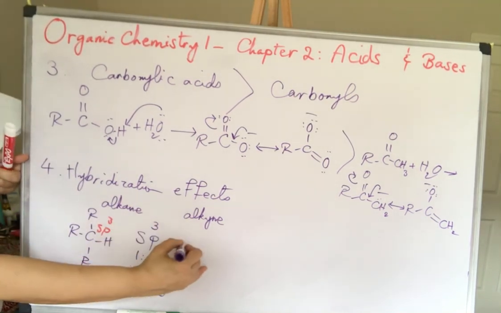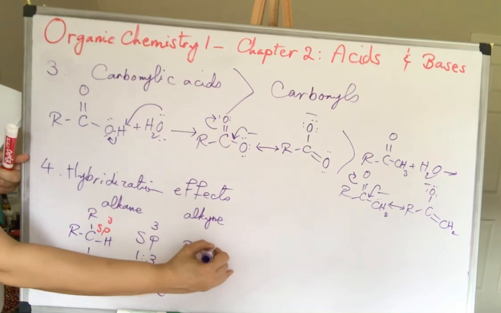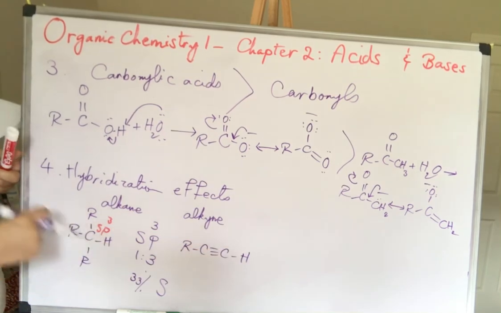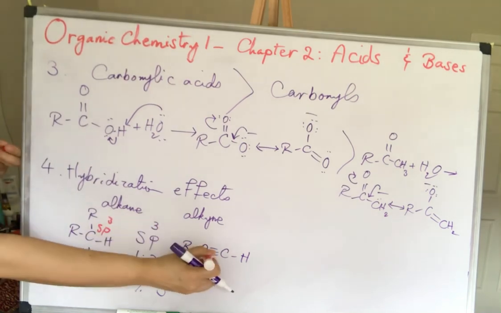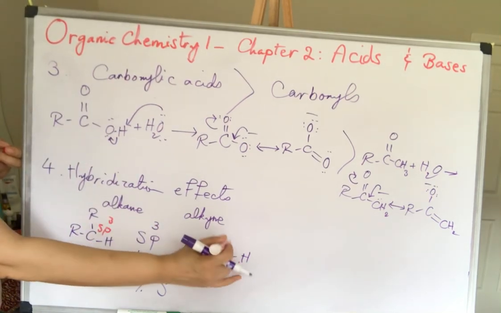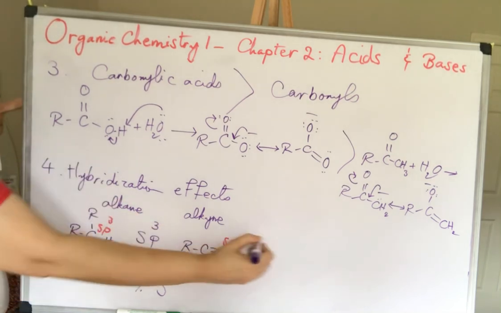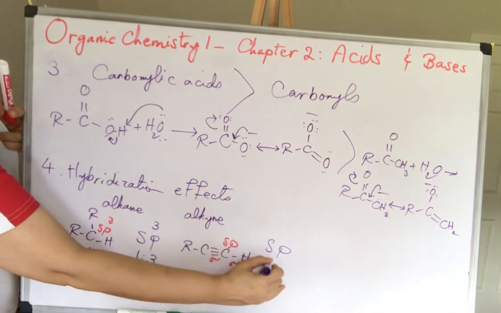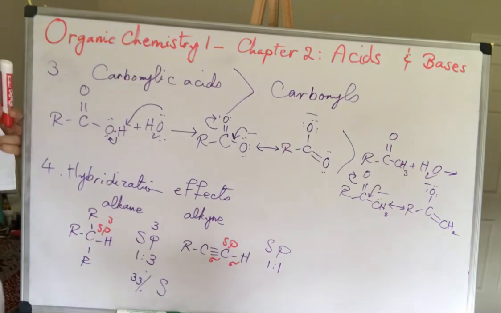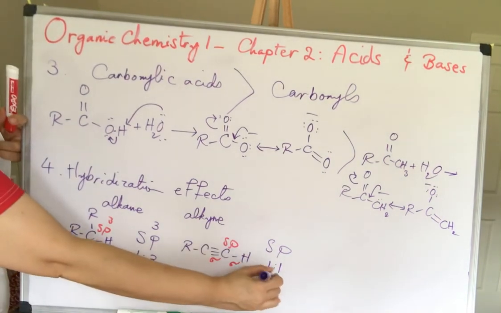But for alkynes, what would be the hybridization? 2 sigma bonds is only sp. So in sp, the share is 1:1, or 50% S.